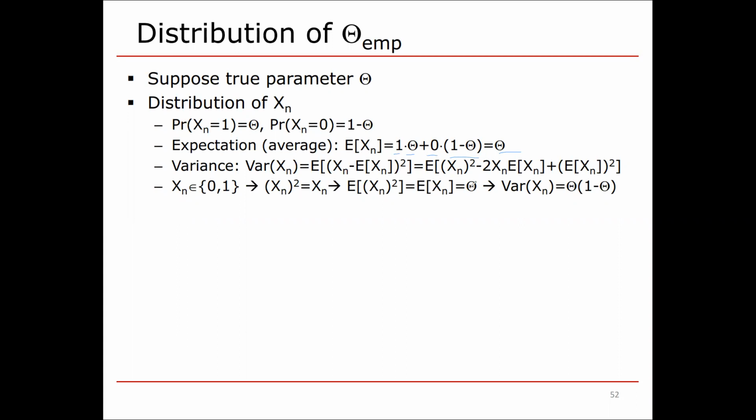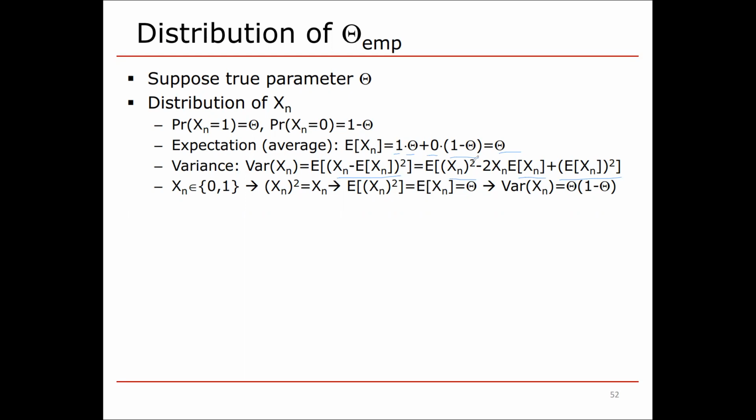What about the variance? The variance of xn is the expected value of the square of xn minus its expected value. Now this expression inside the expectation, xn minus E of xn, squared, we can break up into three terms: the expected value of the square of xn, minus 2 times xn times the expected value of xn, plus the square of the expected value of xn.